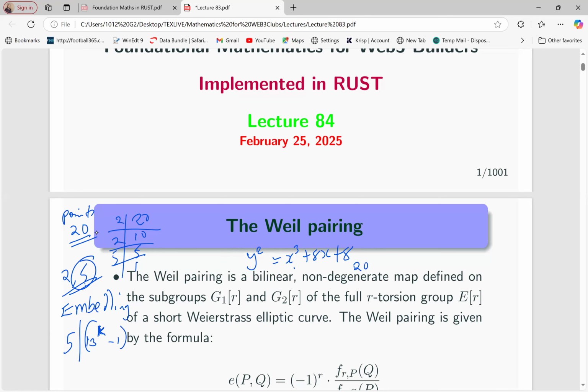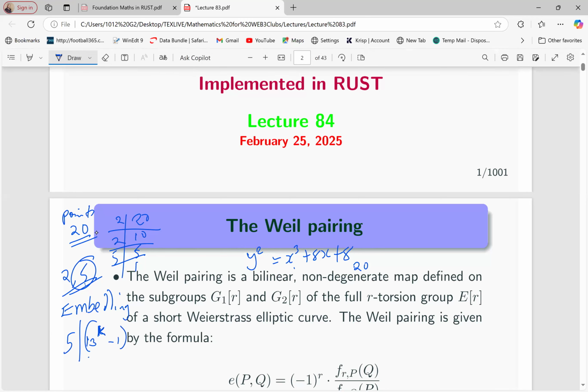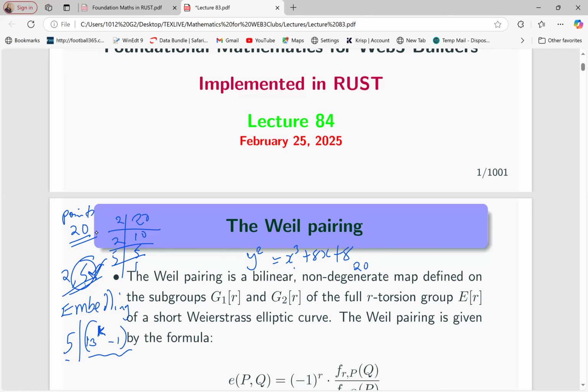Here 5 is this 5. When you do this, you would find that k will be 4, so that 5 can divide 13 raised to 4 minus 1. Let me just check what 13 raised to 4 is, then subtract 1 and see whether 5 can divide that.